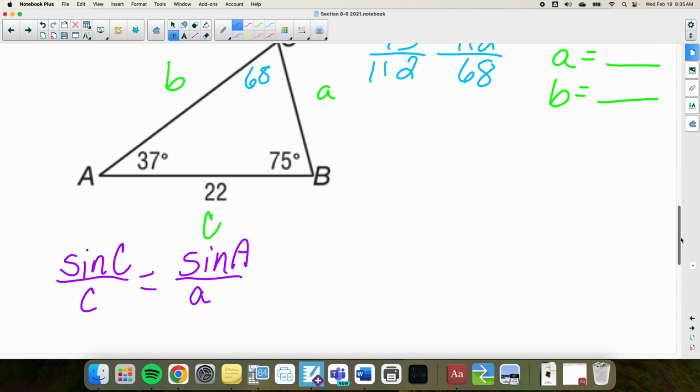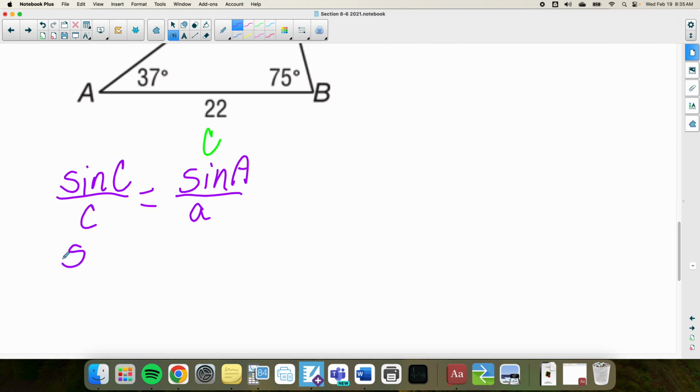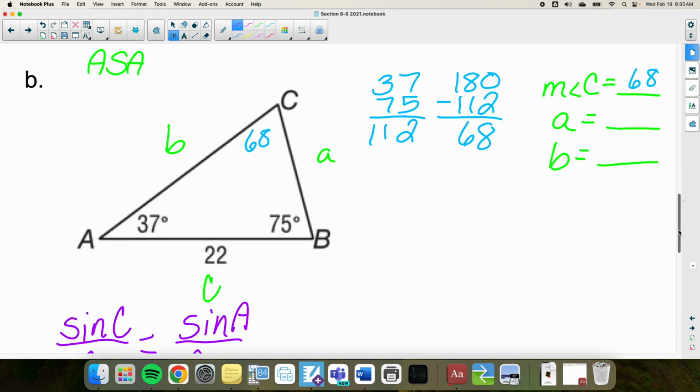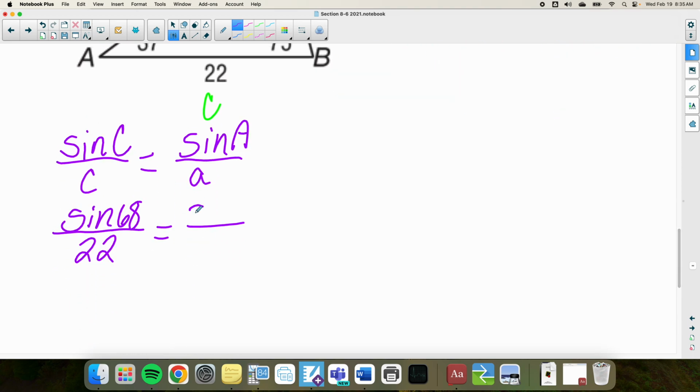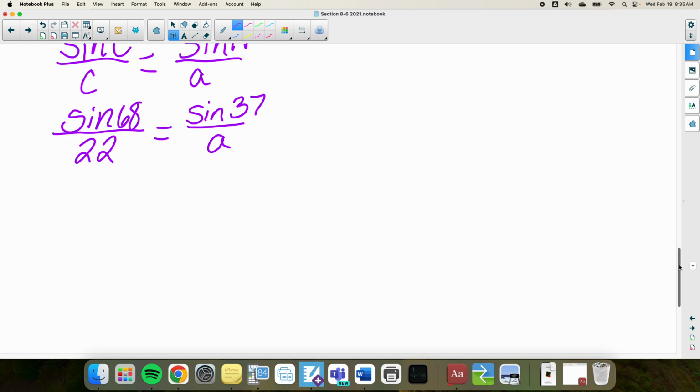Now sine of C is sine of 68. Little c is 22. Sine of a is sine of 37. And then little a is what we're looking for. And then again, that is when we do cross products.